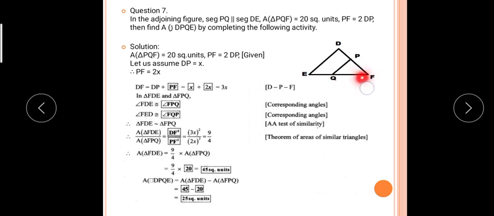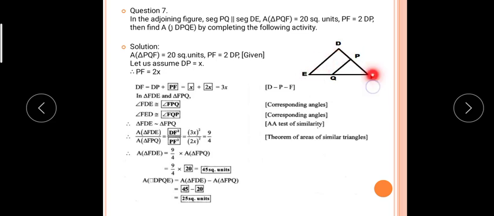If these two triangles, this small one and this big one, are similar, it means that their areas ratio is equal to the square of the corresponding sides. So area of triangle FDE upon area of triangle FPQ. Listen, one-to-one correspondence is very important.